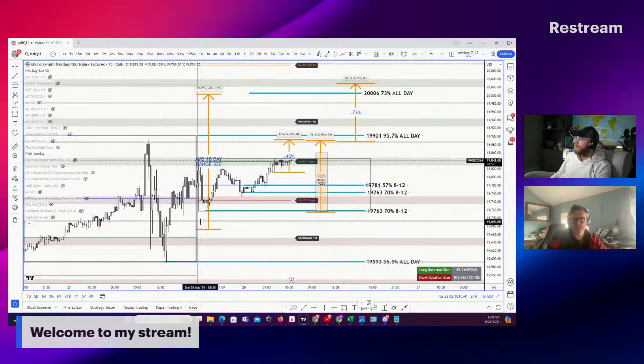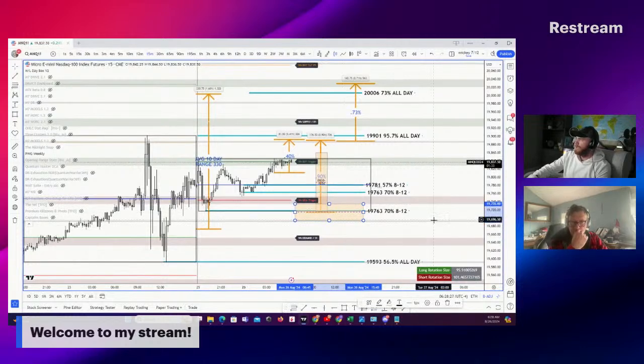So if we know that this is a high probable area to establish the low of the day, right? And that's a swing in between these lines right here, this average swing, right? 100 handles.